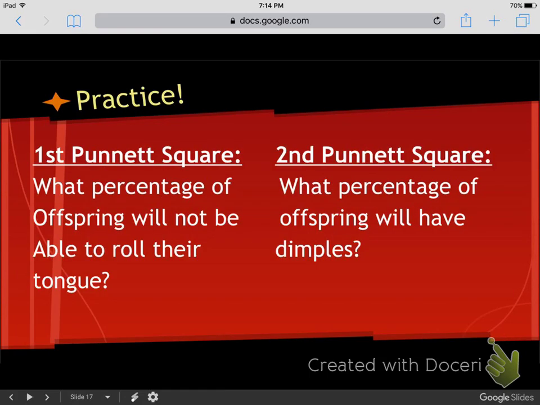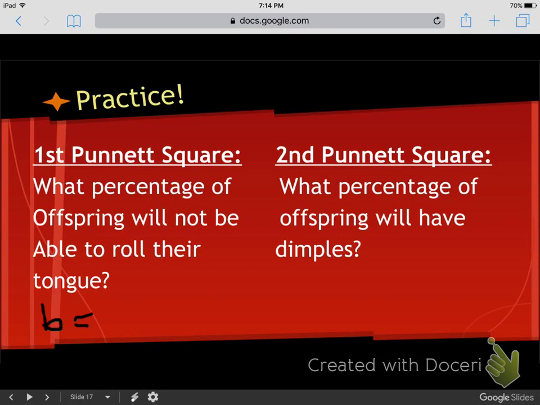This last part asks you a little bit of questions. So it pretty much asks you to analyze your Punnett squares. The first part said, what percentage of the offspring inside of the first Punnett square will not be able to roll their tongue? Not being able to roll their tongue was represented by the recessive trait.